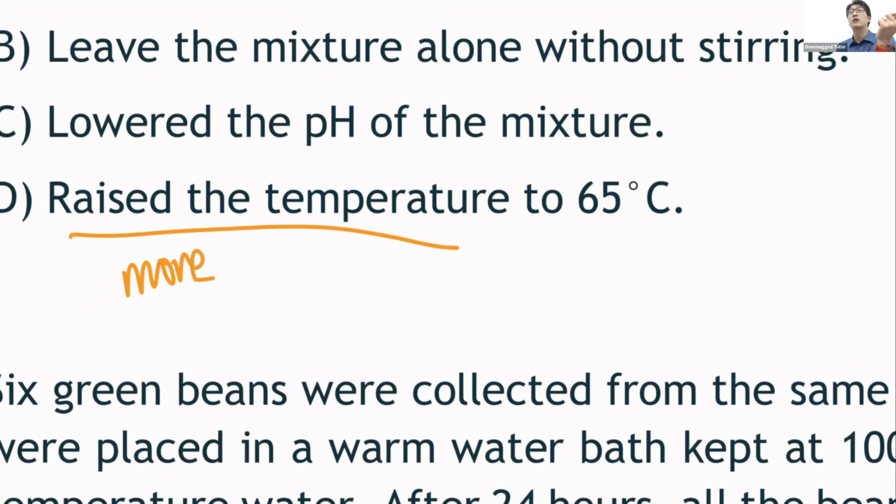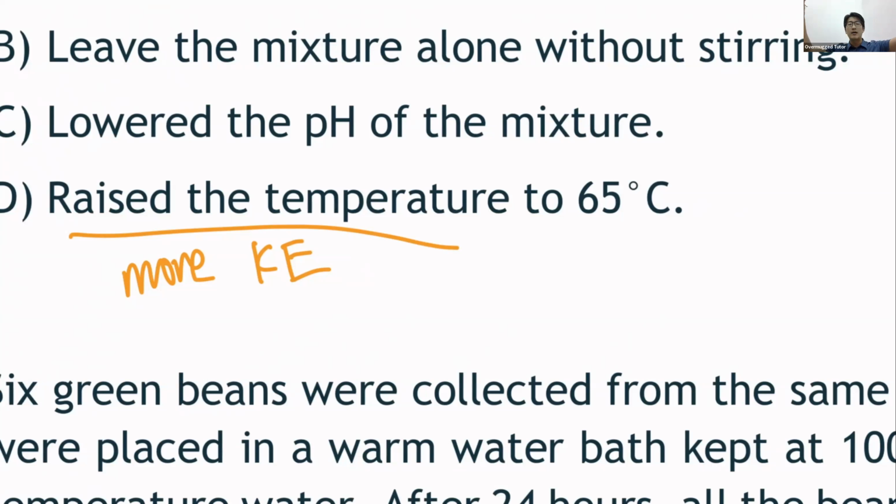Higher temperature means more what? Why do they have more collisions? Why would they form more enzyme substrate complexes? Yes, kinetic energy first. Go back to the basic points first. Okay, raising temperature, enzyme substrate, more kinetic energy, move faster, greater frequency of collision, and so on.